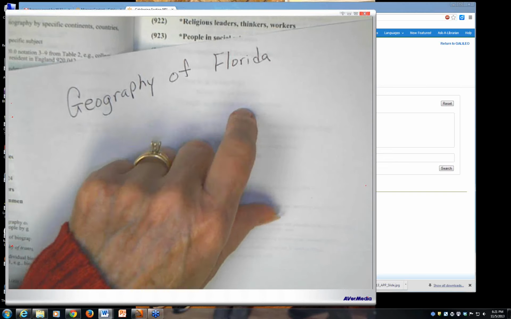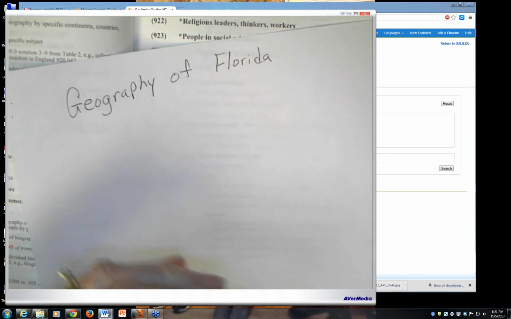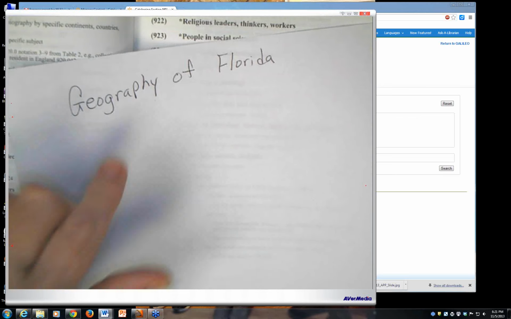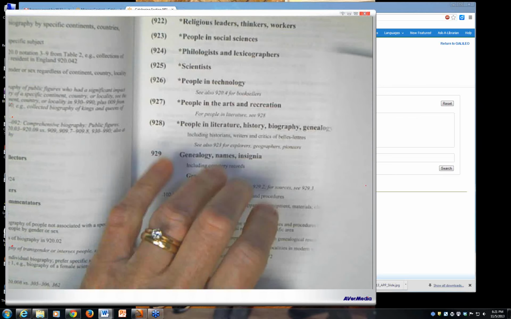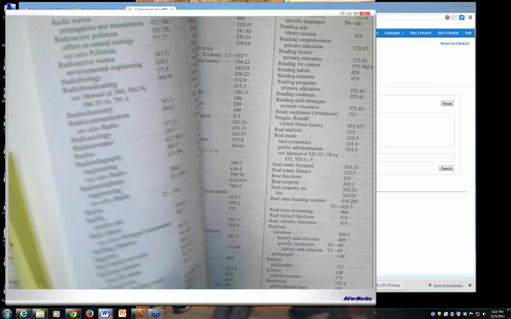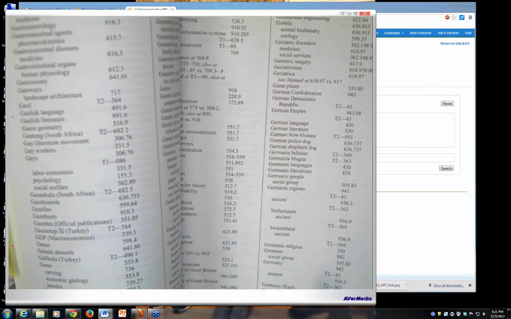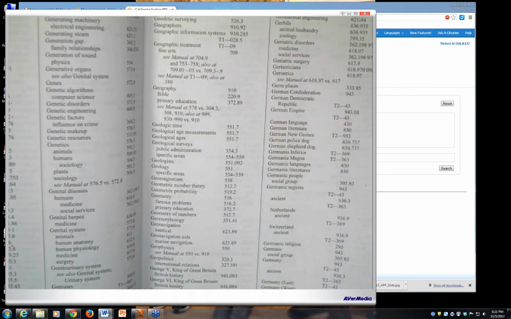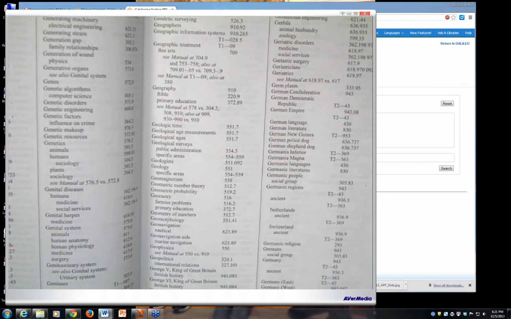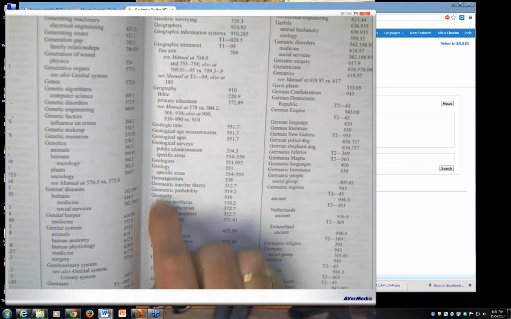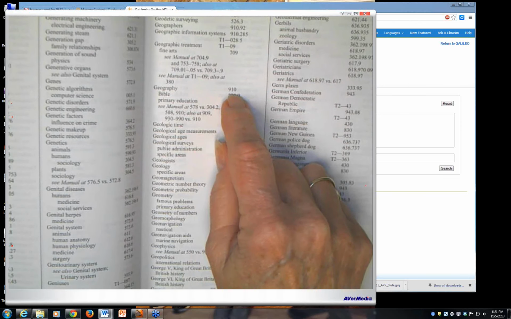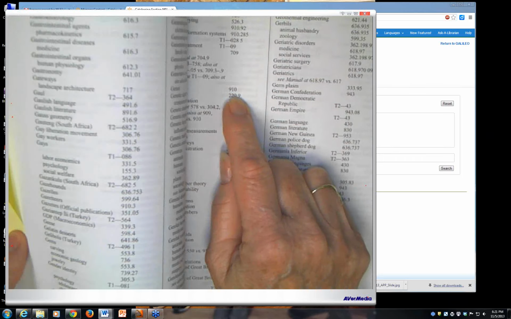It's to be used in conjunction with other numbers as we're building a number. So we have to go with geography. We search geography in the relative index, and we find geography at 910. So we flip to 910.